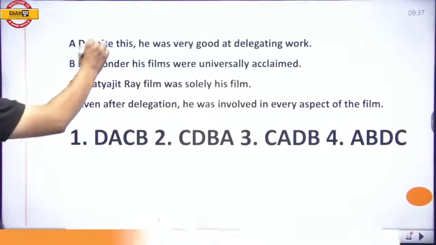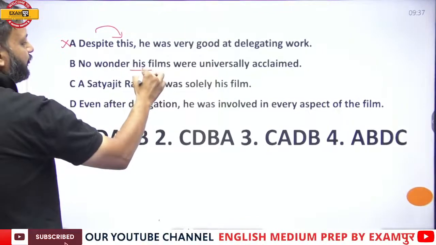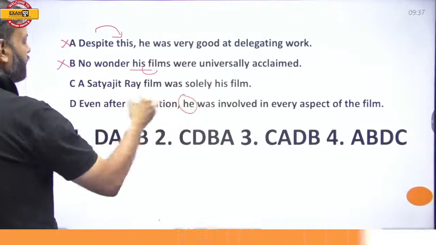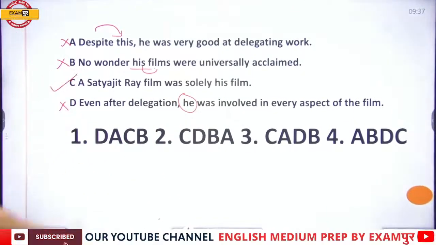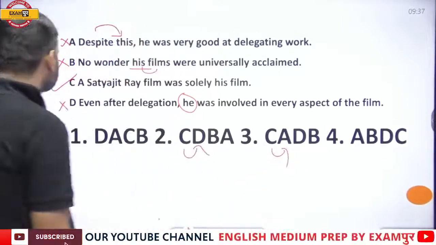So, despite this cannot be the first sentence. His films cannot be the first sentence. He cannot be the first sentence. So the first sentence is undoubtedly C. And there are two options that start with C, CD or CA.